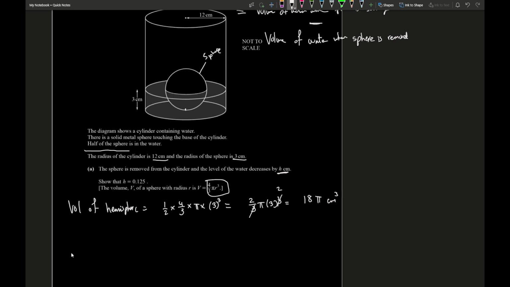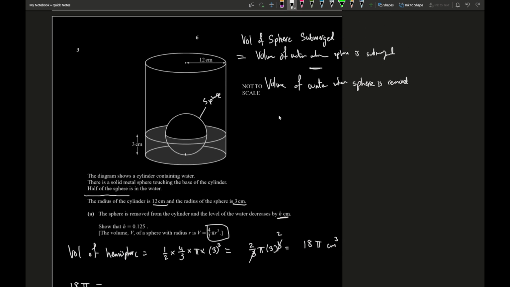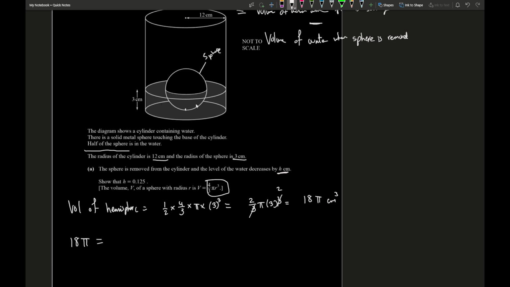Okay, so 18 pi is equal to the volume of the water when the sphere is submerged minus the volume of the water when the sphere is removed. The water takes the shape of the cylinder, so we can calculate its volume by the area of the base times the height, and the height is 3 centimeters.